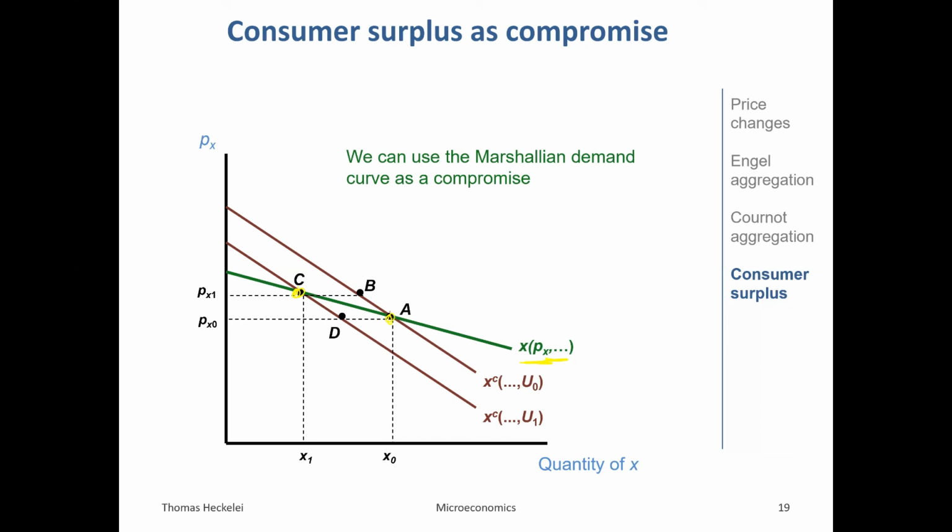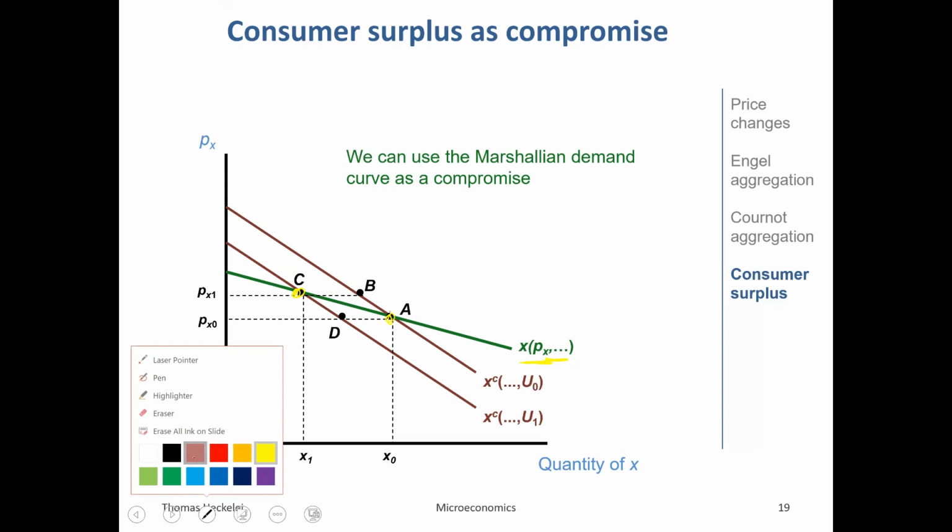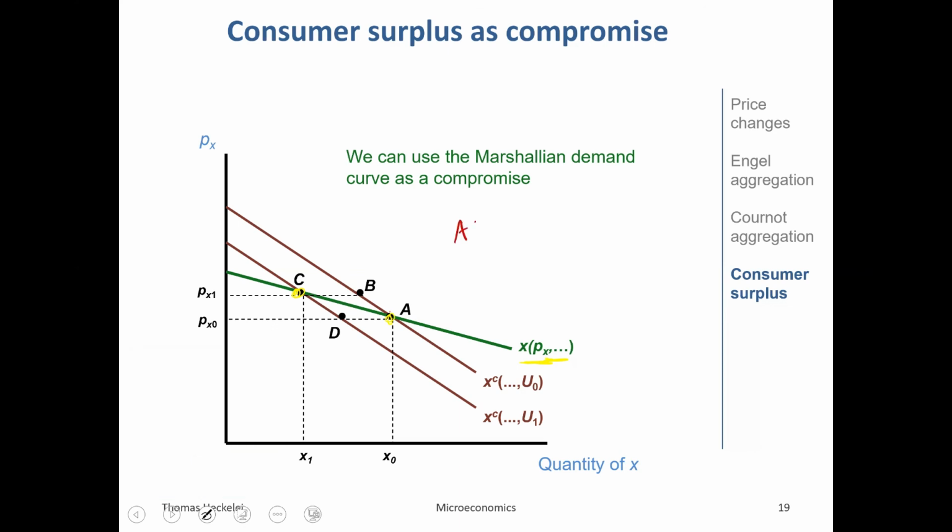So because it crosses, it basically splits the area A, B, C, D into two approximately equal parts. That is, A, B, C plus A, C, D, right?